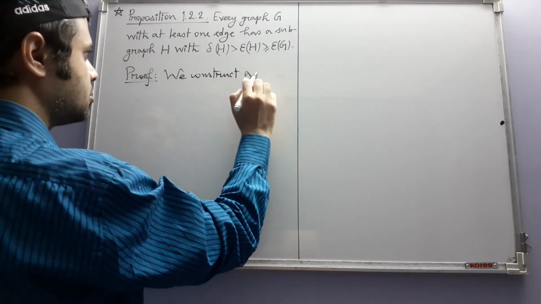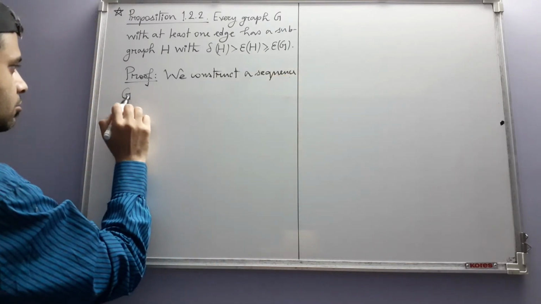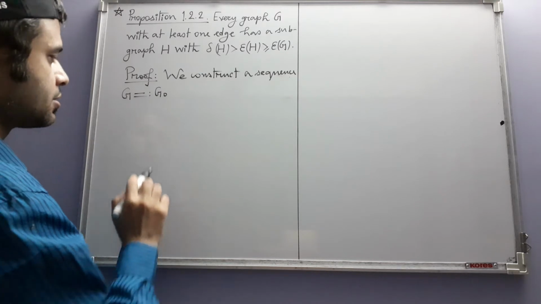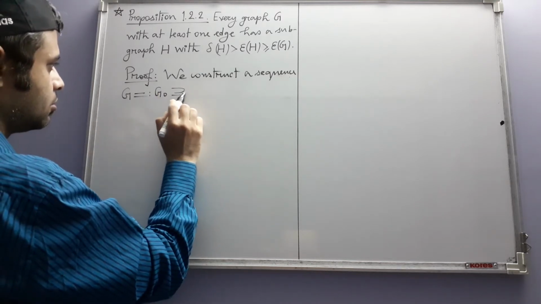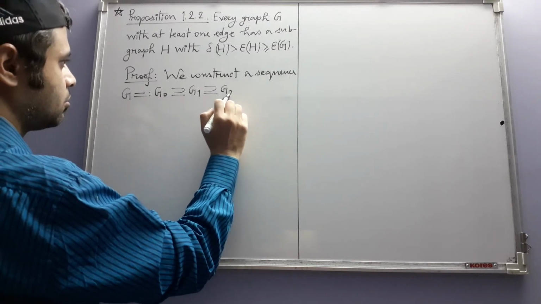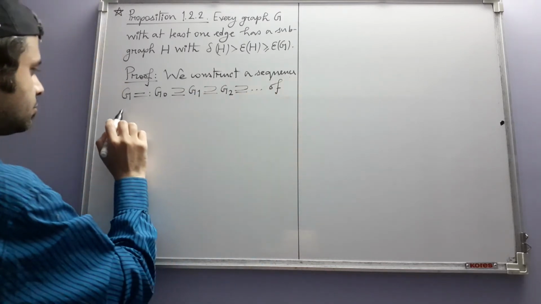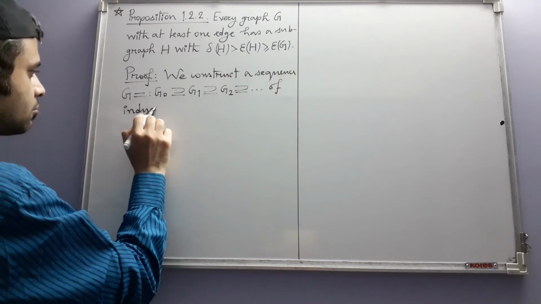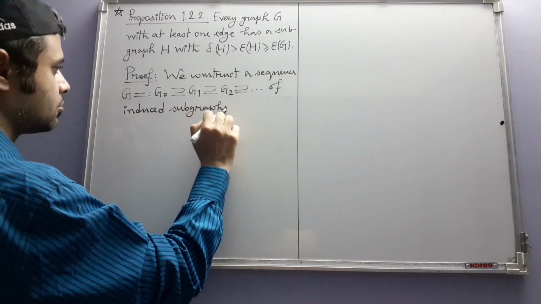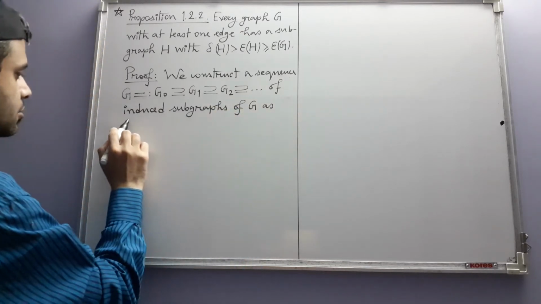We construct a sequence whose first term G naught is defined to be equal to G, then we have G1, G2, etc. of induced subgraphs of G as follows.